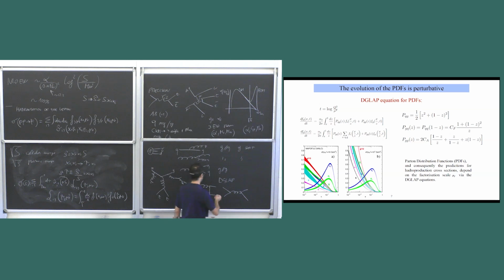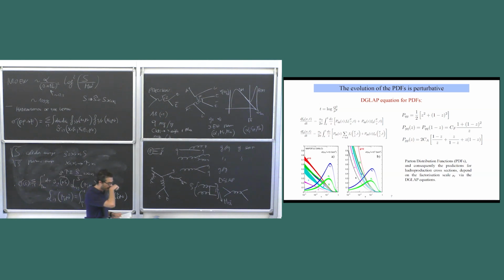An important point at leading order is that if, for example, this is S hat, this is the invariant mass of the ttbar pair, these two quantities are the same. Okay, so in a 2-to-2 process at leading order, the invariant mass of the final state and S hat are the same.